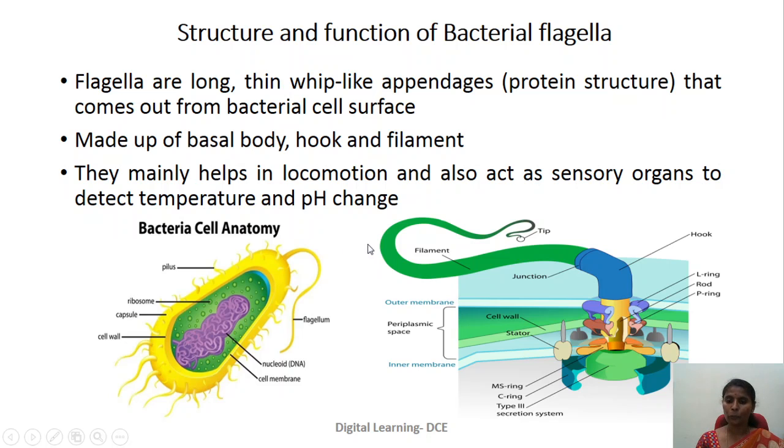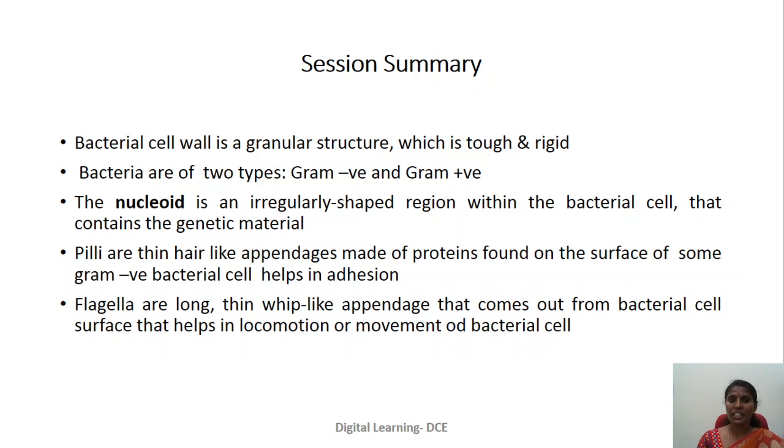To sum up this session, as I told, the bacterial cell wall is a granular structure which is tough and rigid. It gives a particular shape to the bacteria and rigidity to the bacterial cell. And based on the Gram staining technique and the composition of the cell wall, bacteria are of two types, Gram positive bacteria and Gram negative bacteria.